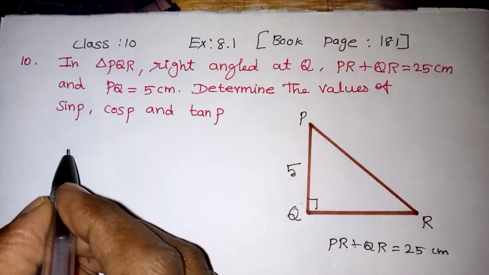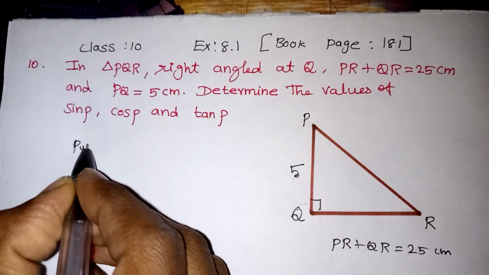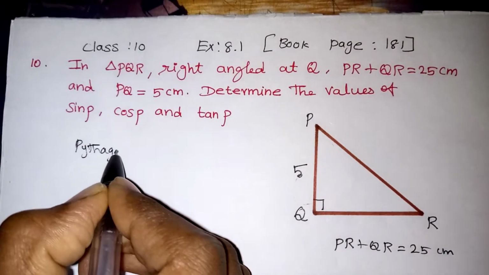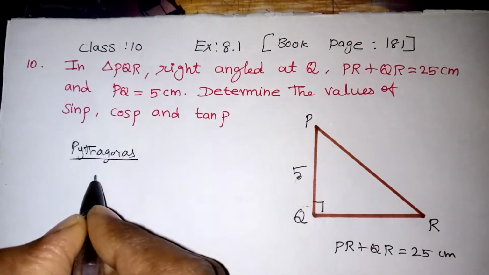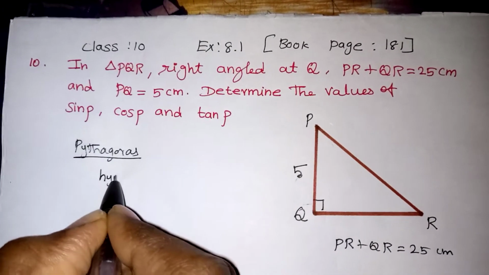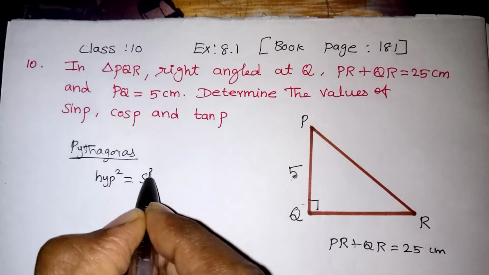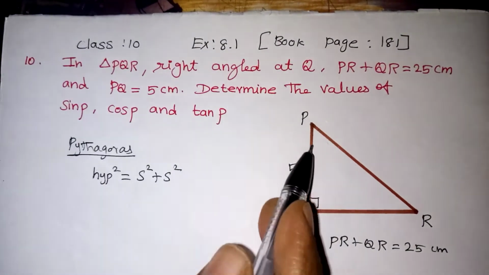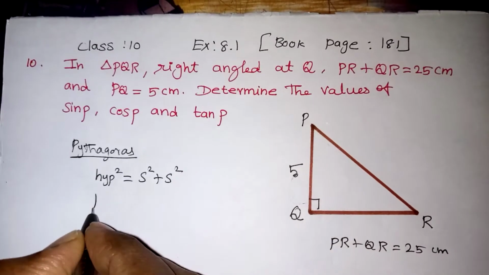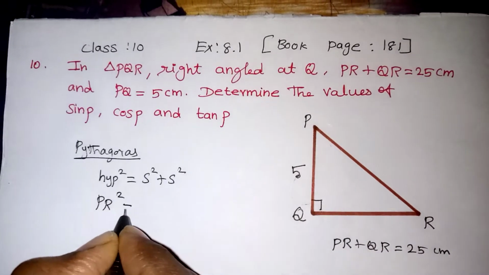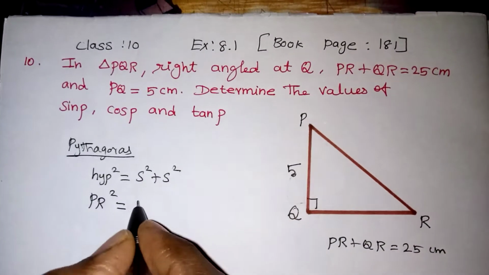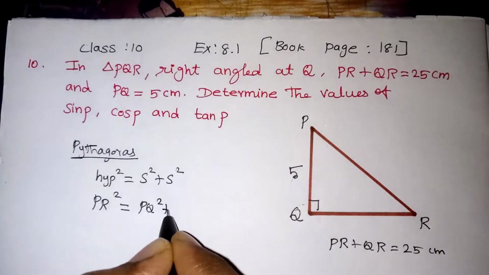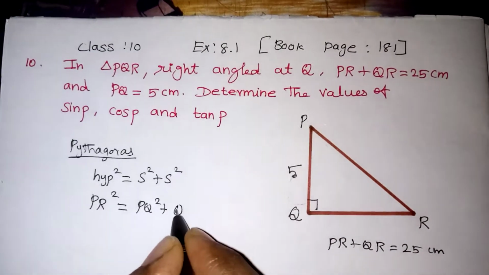Now let's start with the Pythagoras theorem. By the Pythagoras theorem, what we can write is hypotenuse squared is equal to the sum of the other two sides, that is side squared plus side squared. Here hypotenuse is PR. So PR squared equals PQ squared plus QR squared.